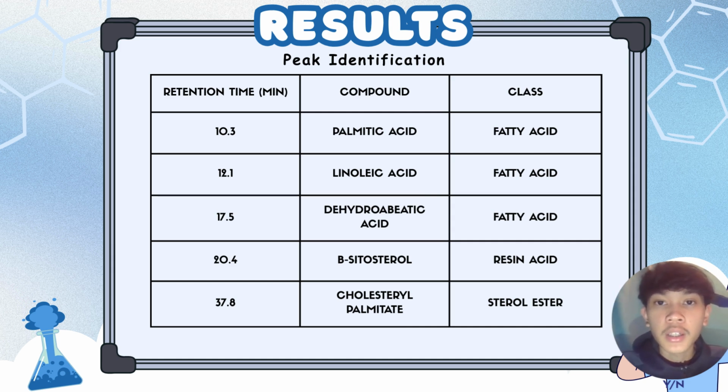Then the second highest is beta-sitosterol at 20.4 minutes, and lastly the lowest peak is cholesteryl palmitate at 37.8 minutes, which is from the steryl ester class.